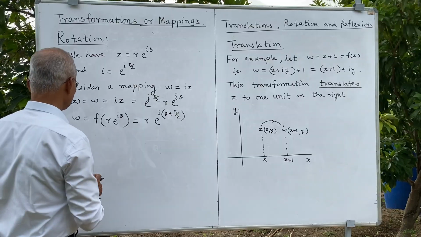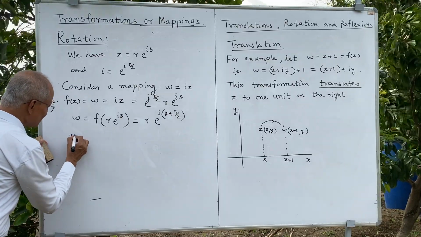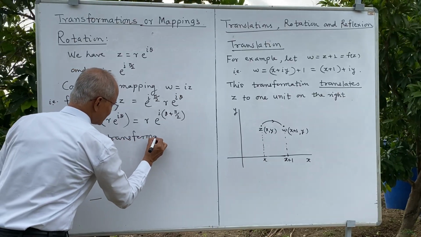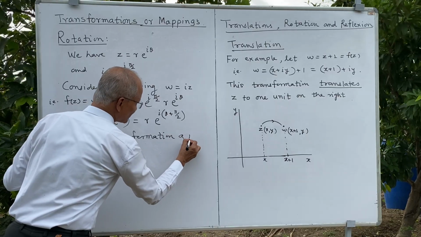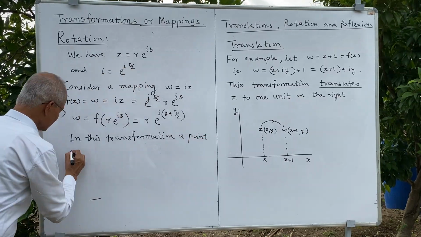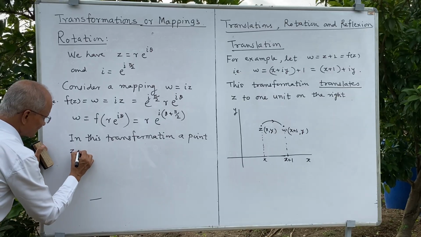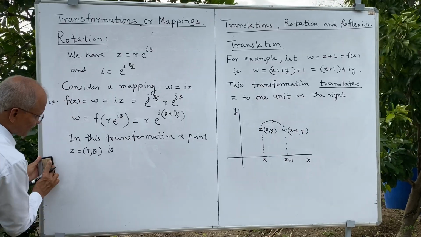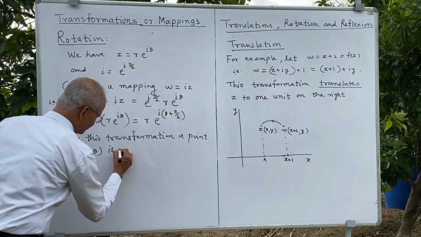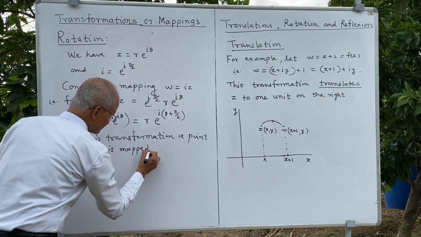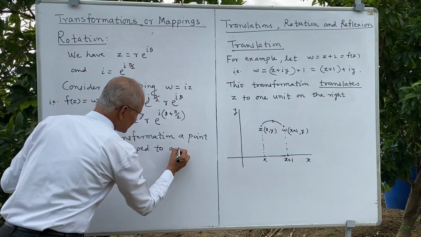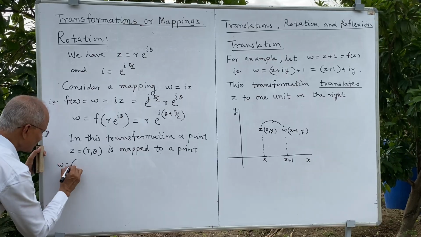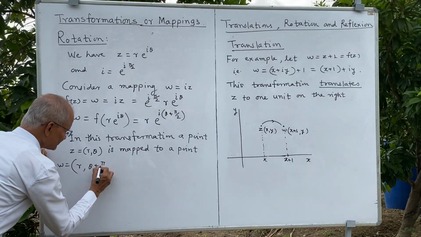Therefore, in this transformation a point z equal to (r, theta) is transformed, or mapped, to a point w equal to (r, theta plus pi by 2).